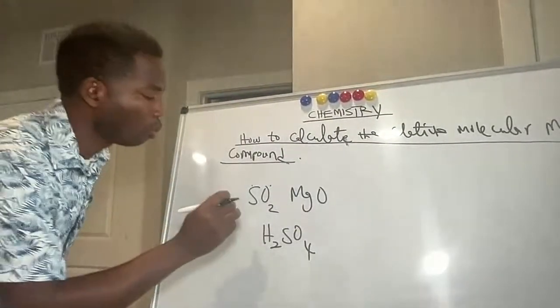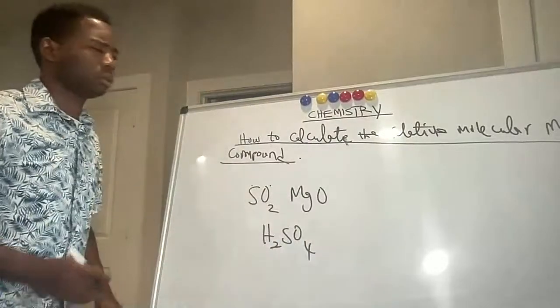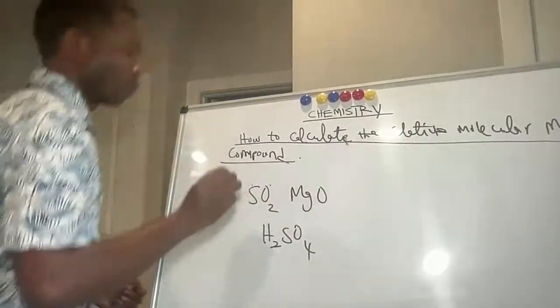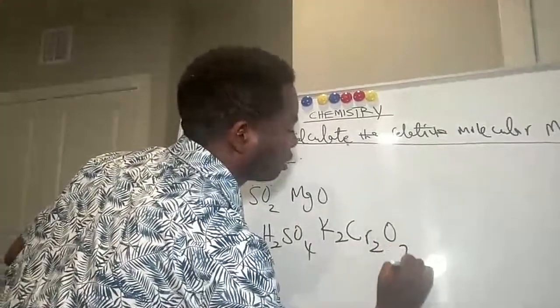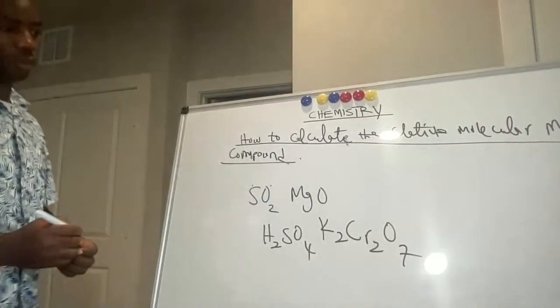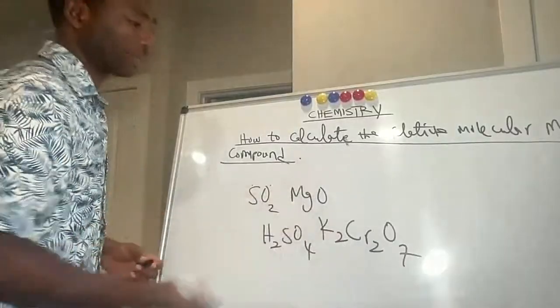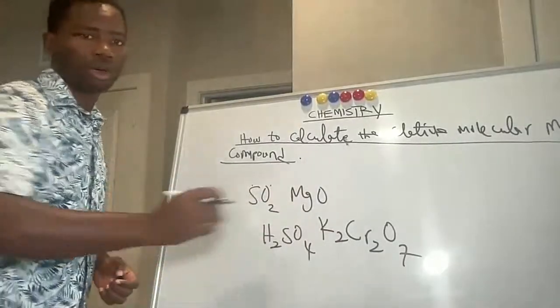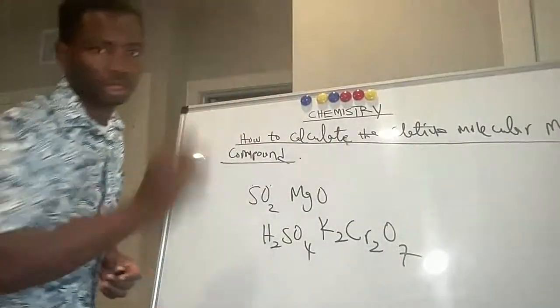You must also know the mass number of sulfur and oxygen. If you have potassium heptaoxodichromate VI, you must know the mass number of potassium, chromium, and of oxygen.